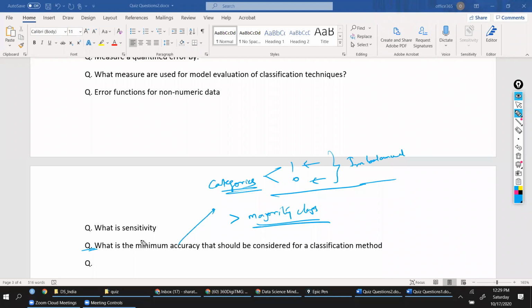All right, next. What is the full form of ROC curve?